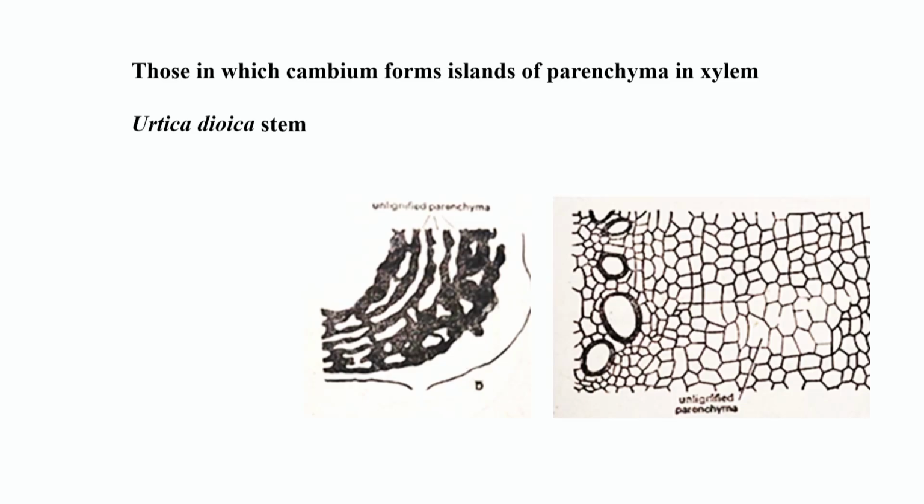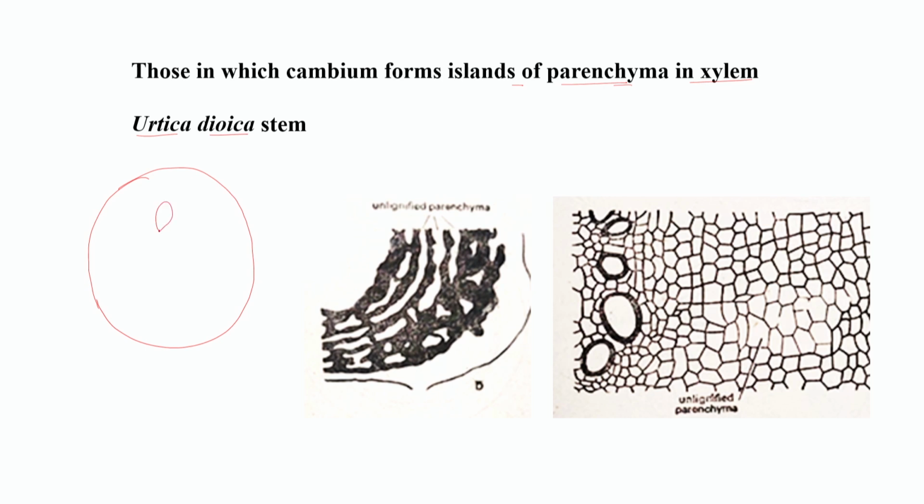Now another case is there in which the xylem forms islands of parenchyma. Okay. Now in this case it is found in Urtica dioica stem. So in this case also they will definitely have a normal ring of cambium. Okay.